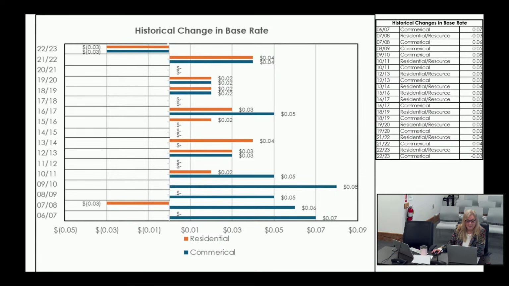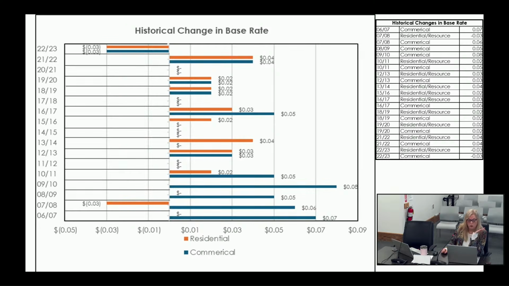Now, the last time that we had a difference in change, because typically now, since I've been here and for a number of years before, we've taken the base rate and increased the base rate for residential, commercial, and resource the same. But in the past, they did not, as you can see by this graph. As of 17-18, where there were no increases, anything from then on was the same.